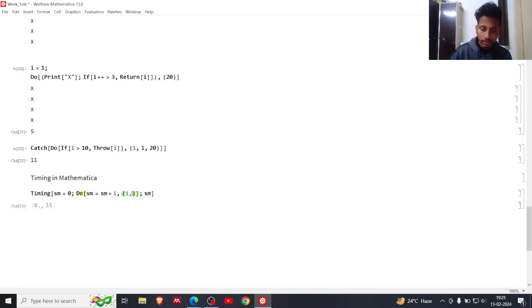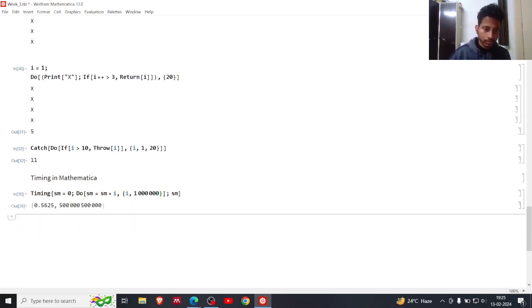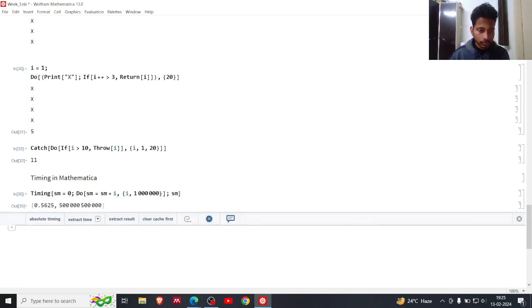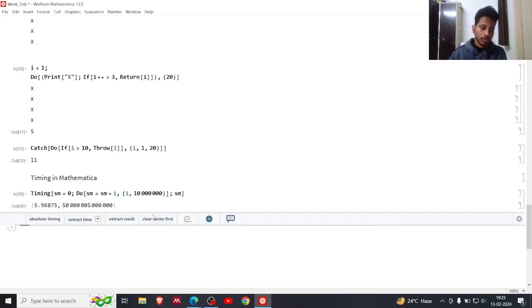Now I'll write this 100, so it is taking 0.0625 second. Summing up to 10 million is a little troublesome, and it is taking 5.9685 seconds.